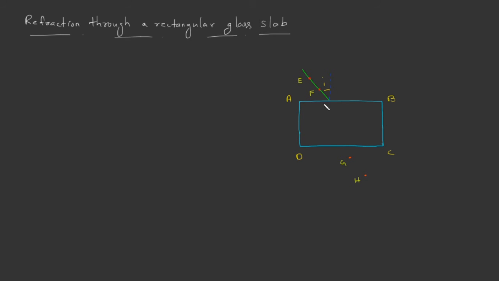Now remove the pins and the slab. Now join the positions of the tips of G and H and produce it up to the edge CD. Let us mark the meeting point of this line at AB as O and the meeting point of this line at CD as O dash.